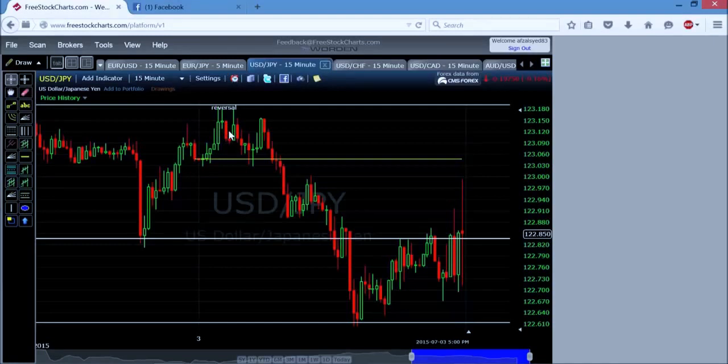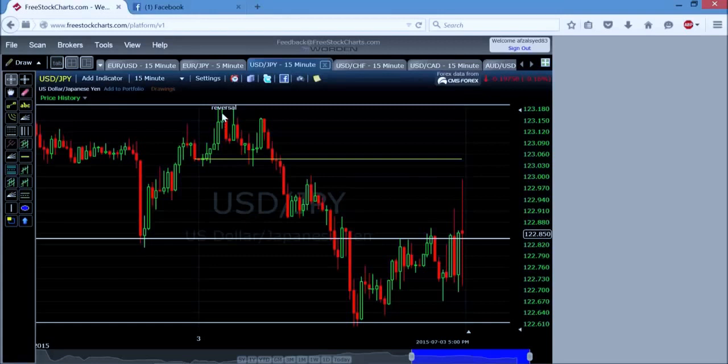Now let's see how many times this candlestick pattern actually helps us to confirm. Now you have to remember, guys, that the most important candlesticks that you have to observe are these.